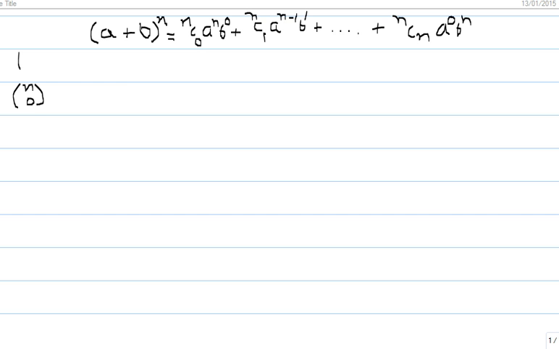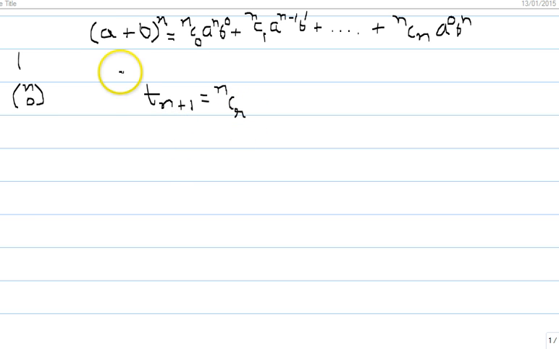The general term is written as T(n+1), and this is written as nCr.